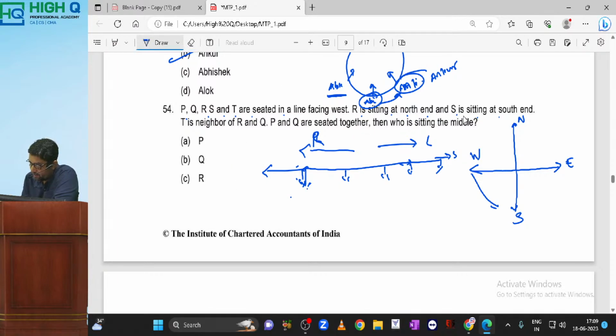Now, what is it? R is sitting at the north end. S is sitting at the south end. T is neighbor of R and Q. P and Q are seated together.